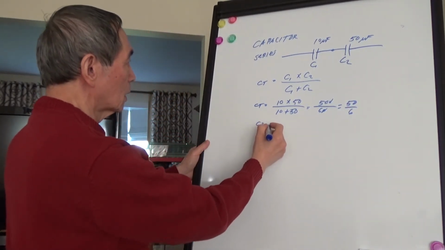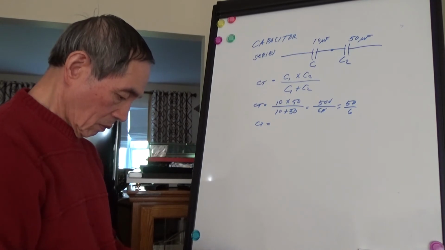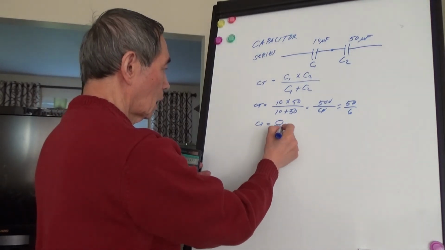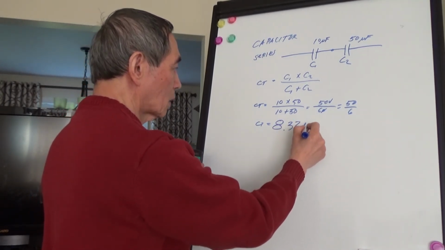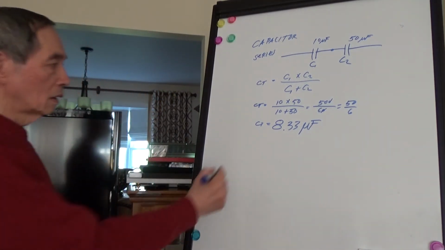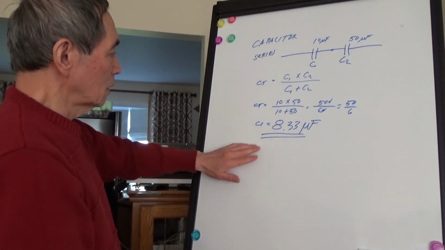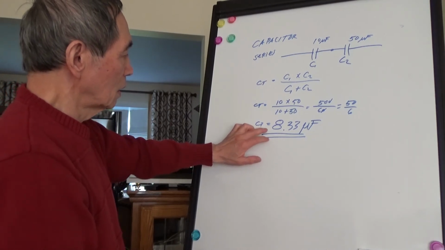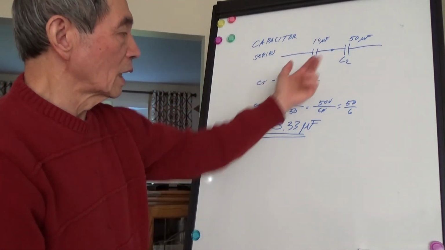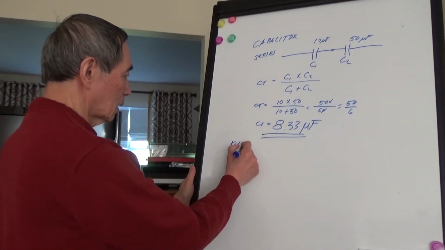So total capacitance is 8.33 microfarad. So again, opposite the resistor, the resulting total will be smaller than the smallest connected capacitor.